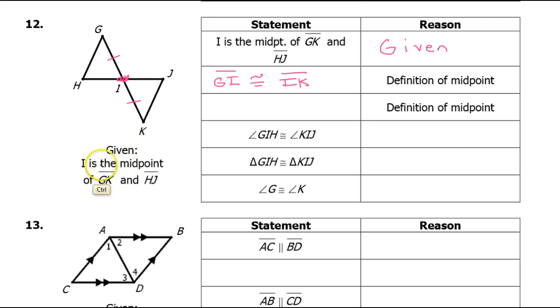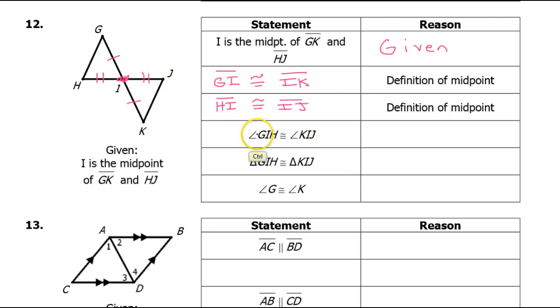But we were told that I is the midpoint of another segment, HJ. So if I is the midpoint of HJ, then that means HI is congruent to IJ. So segment HI is congruent to segment IJ, for the same reason, definition of midpoint.